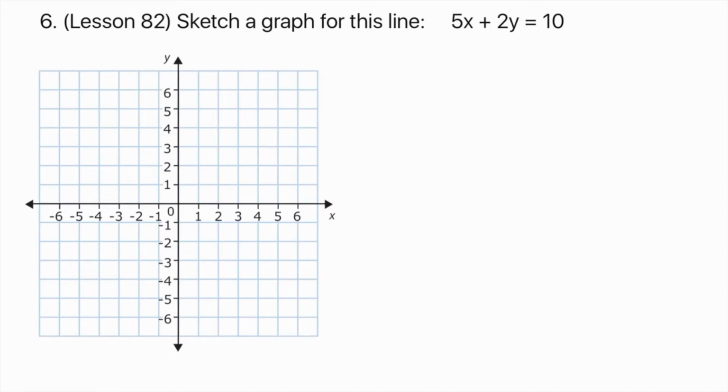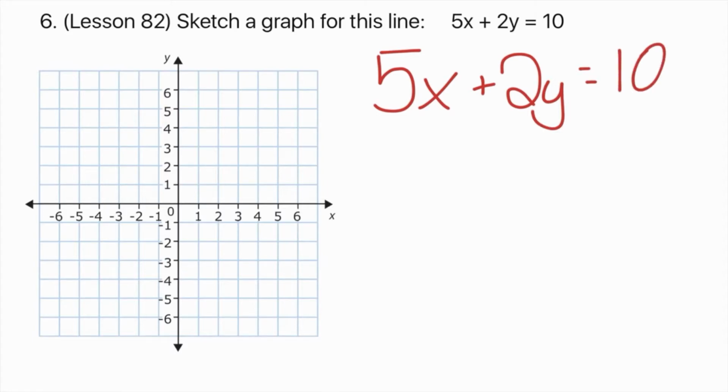So if you remember, our slope-intercept form is y equals mx plus b. So that's what we want to rearrange this formula to look like. So we have 5x plus 2y equals 10.